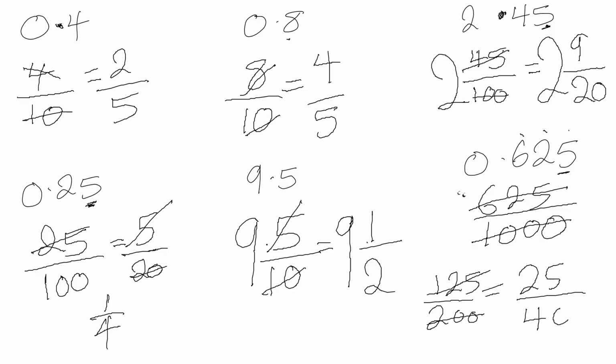We still need to simplify this. 25 divided by 5 is 5, and 40 divided by 5 is 8. So the answer to 0.625 as a fraction is 5 over 8.